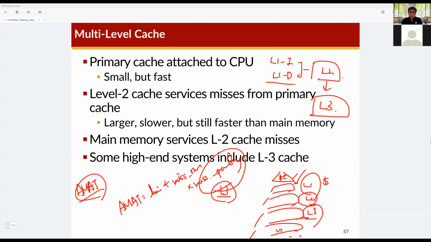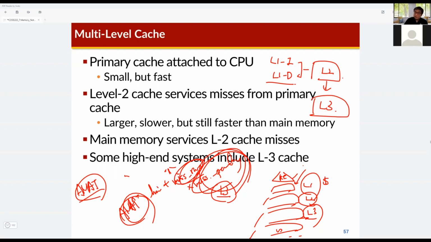If the miss penalty is very high, and the L1 miss rate can also be high, around 10%, then the AMAT can be very high. If the AMAT is high, that means the performance of the cache is low because it's access time.